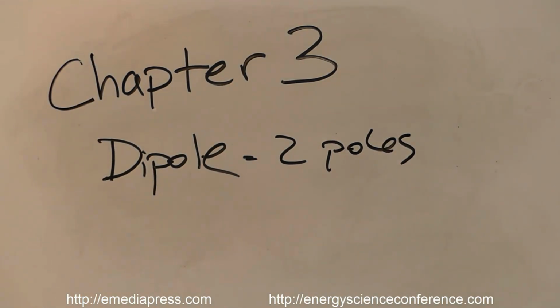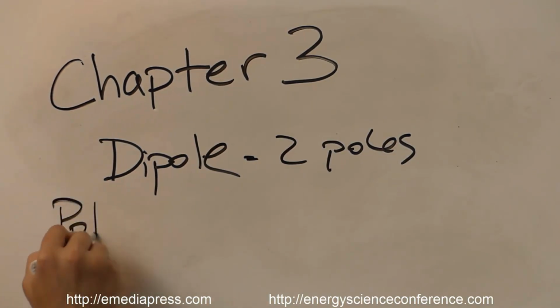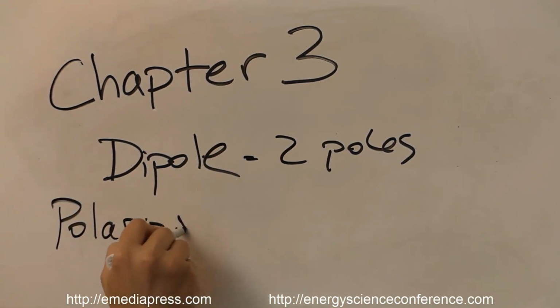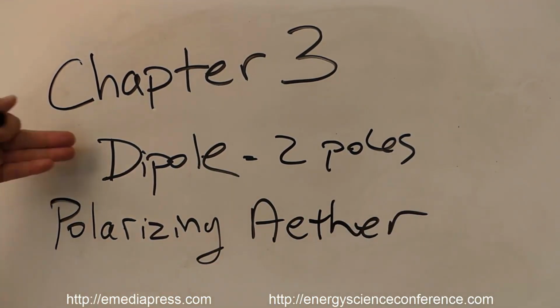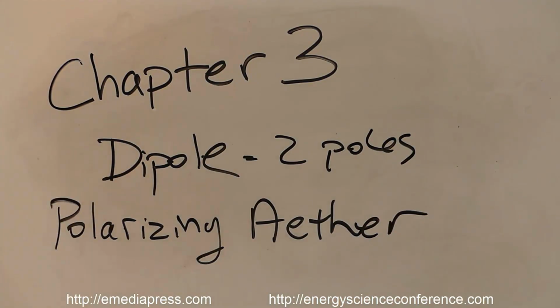I like the ether terminology. I like how Eric Dollard says polarize the ether, because in simple terms that's exactly what you're doing: you are polarizing the ether. And that is what every dipole does, and we're going to go through a couple examples so you can see what this means.